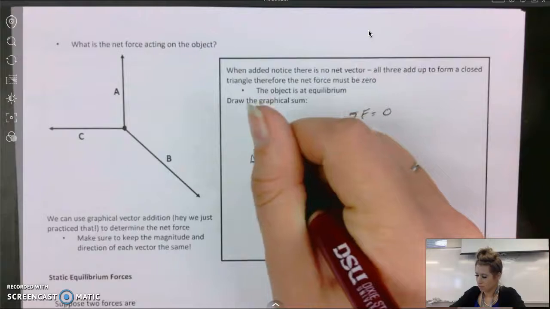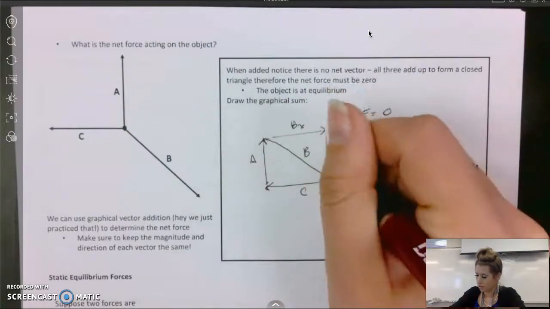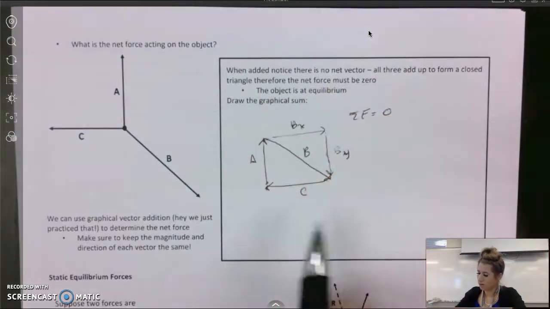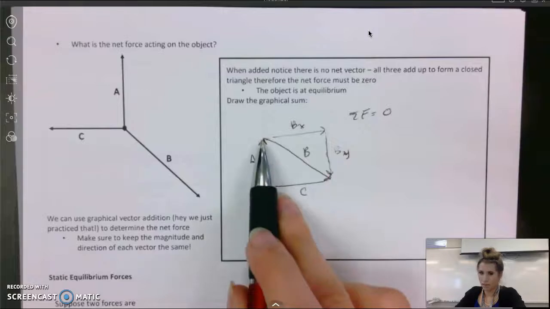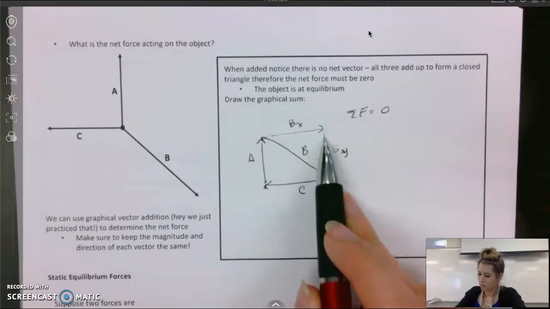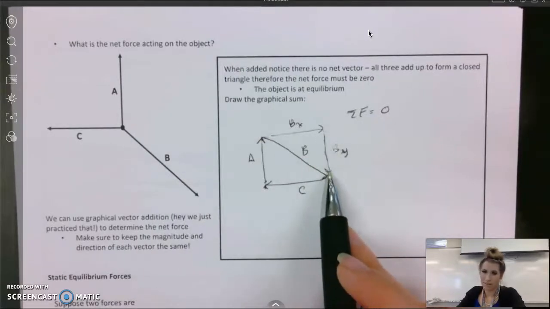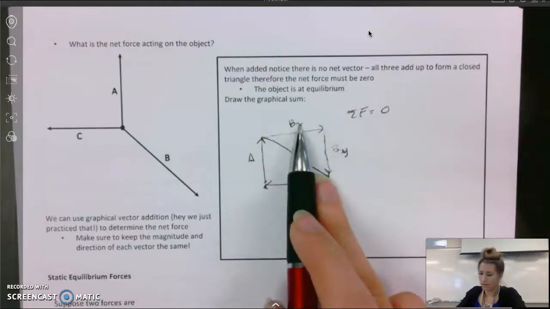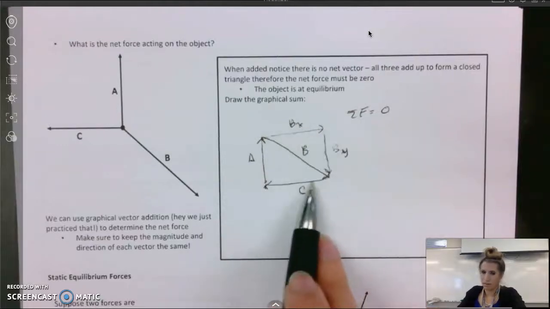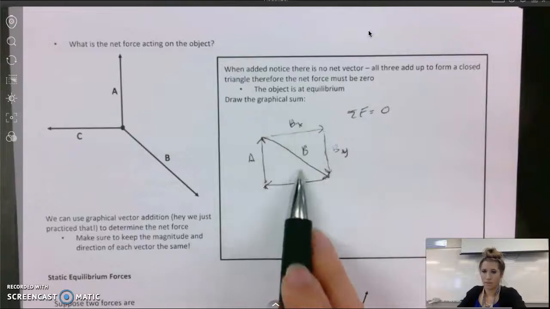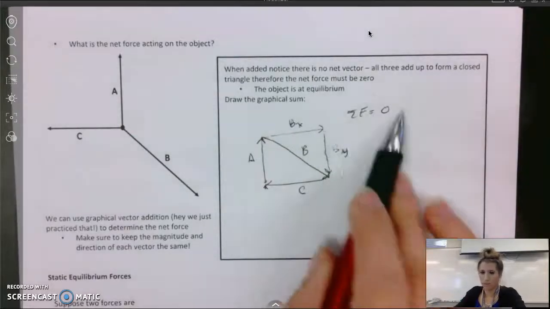So see how we have vector A going this way, but then b sub y is going that way, and they're equal in magnitude, opposite in direction, so they cancel. And then b sub x is going this way, C was going that way, equal and opposite, so they cancel. So the sum of the forces is equal to 0.